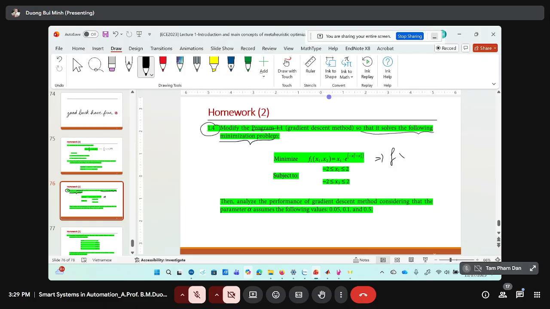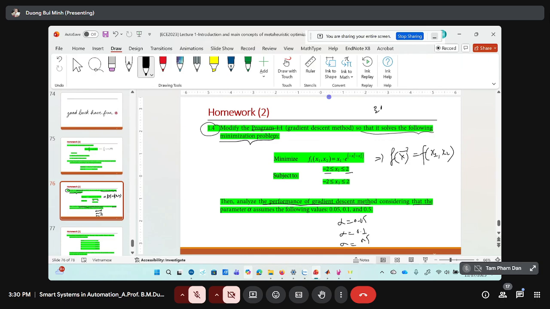Now they give us f(x). How many dimensions of the solution? 2, x1 and x2. We set up the lower boundary and higher boundary. Then analyze the performance of the random descent method, considering that the parameter takes the values 0.05, 0.1, and 0.5.